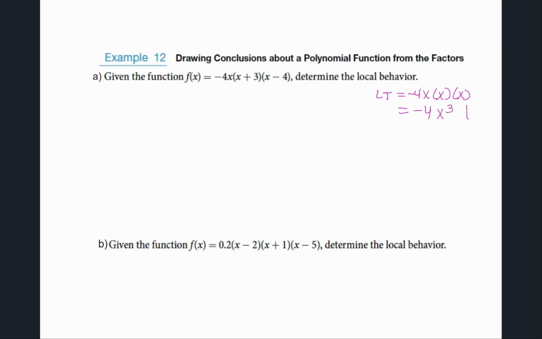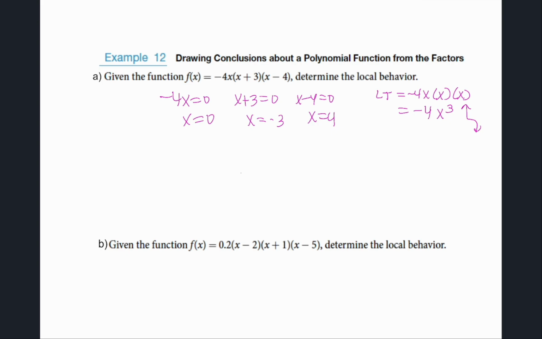So the left end is going up and the right end's going down. I know that negative 4x equals 0 at 0. X plus 3 equals 0 at negative 3. X minus 4 equals 0 at 4. The most zeros I could ever find for a cubic is 3.